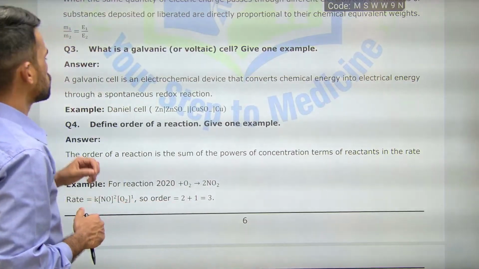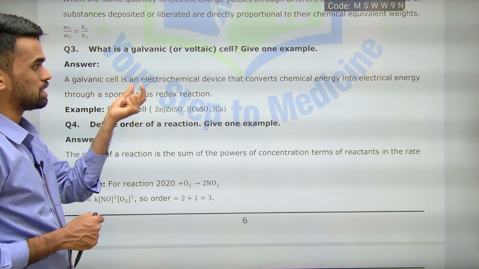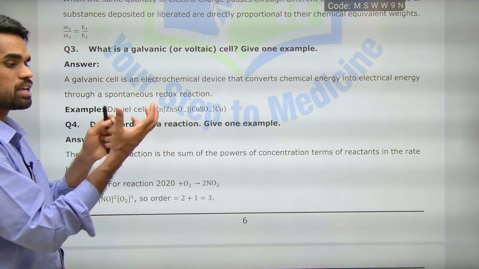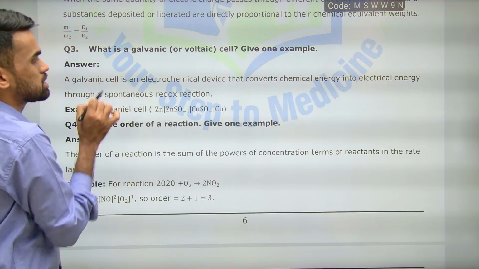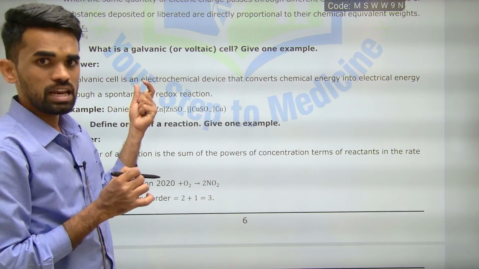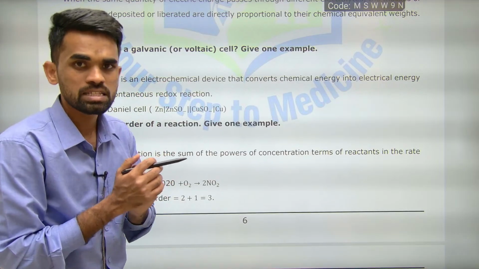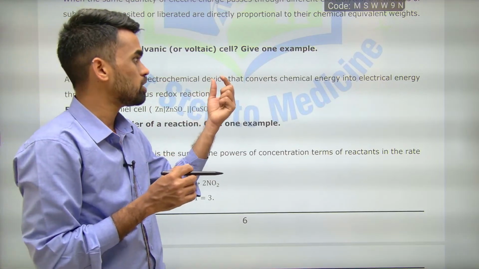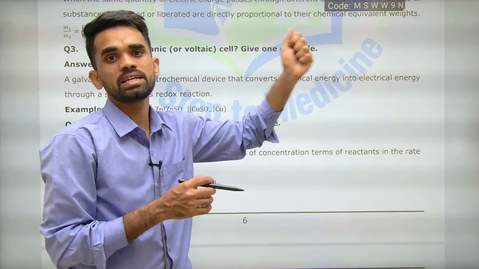Whatever the electrochemical cell device we are using, the chemical reaction takes place spontaneously. It means a galvanic cell is an electrochemical cell in which a spontaneous chemical reaction takes place that produces electrical energy.